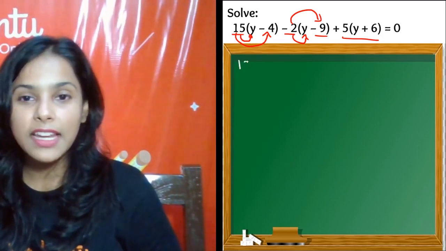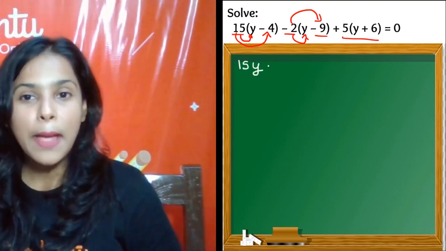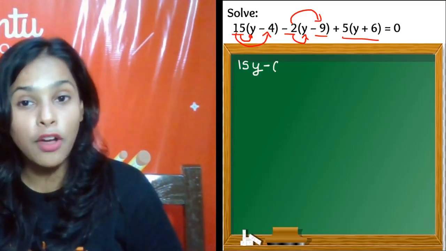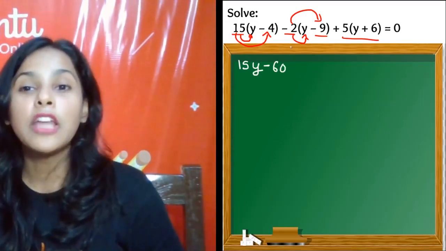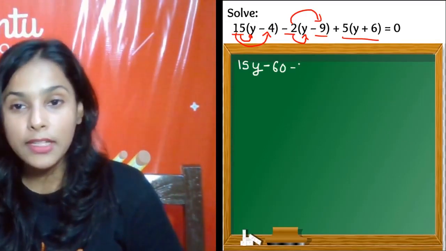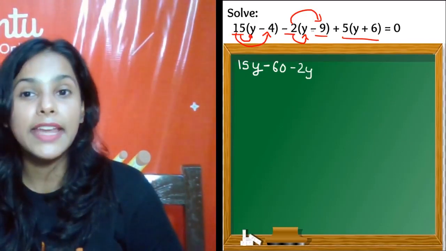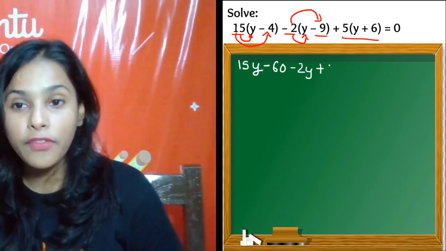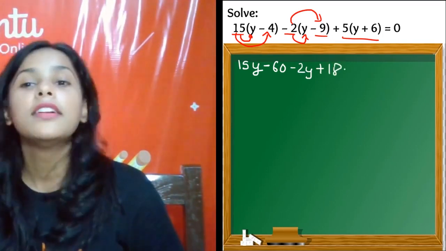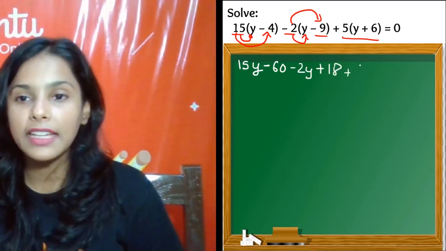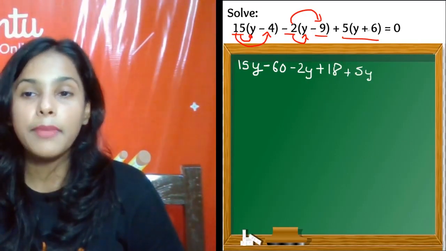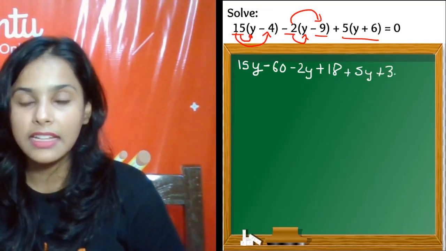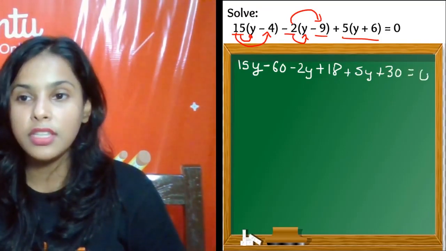So 15 into y is 15y, and 15 into minus 4 is minus 60. Minus 2 into y is minus 2y, and minus 9 into minus 2 is plus 18. Then plus 5y, and 5 into 6 is plus 30, equal to 0.